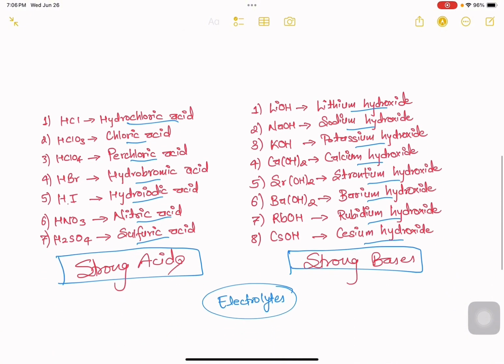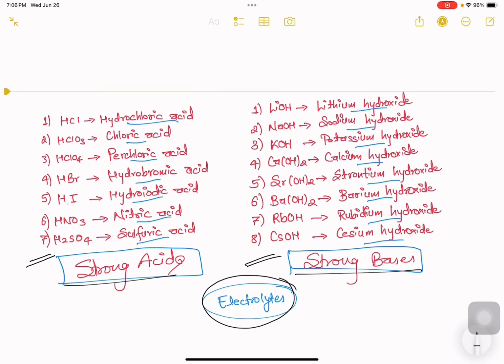And in my previous video, titled electrolyte, I already covered strong acids and strong bases. There are 7 strong acids and 8 strong bases which you need to memorize, or you need to have the table with you whenever you do chemical reactions.